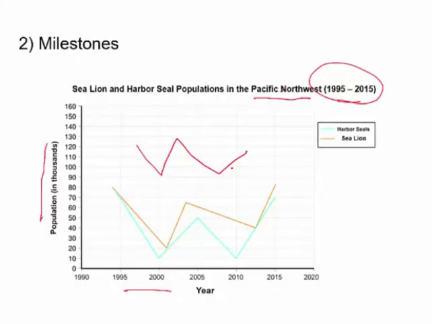In addition to that, or as a different way of approaching this particular visual, we could talk about the milestones. The milestones are the peaks, the highest points, the lowest points, the instances where something reached the maximum or the minimum. That is usually going to be a kind of milestone.